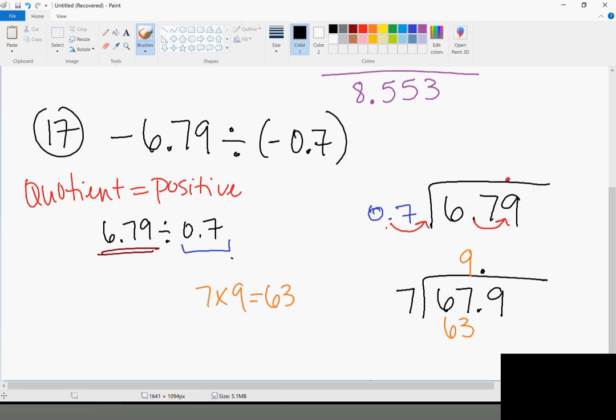And then we're going to subtract 67 minus 63, which is 4. Bring down the 9. I'm running out of space, but I think we're almost done. 7 divides into 49 7 times, because 7 times 7 is 49. When we subtract, we get 0. So your answer is just 9.7.